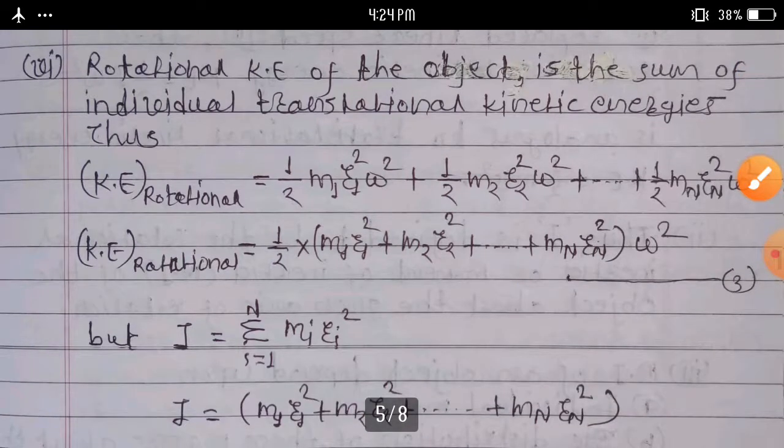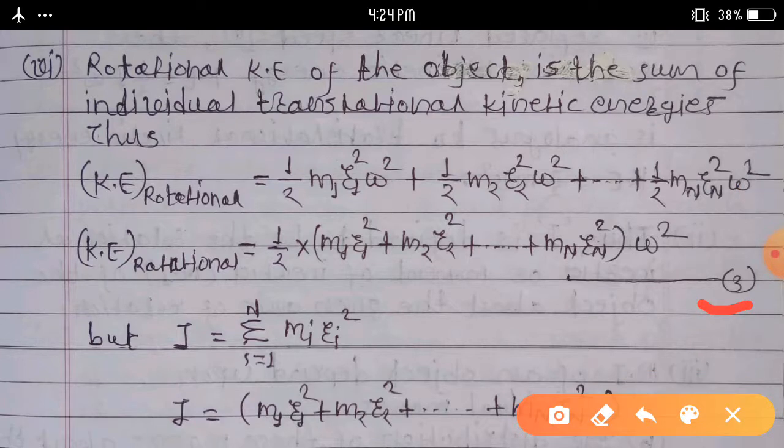Consider equation number 3. But I is equal to the summation of i from 1 to n of m_i r_i squared.